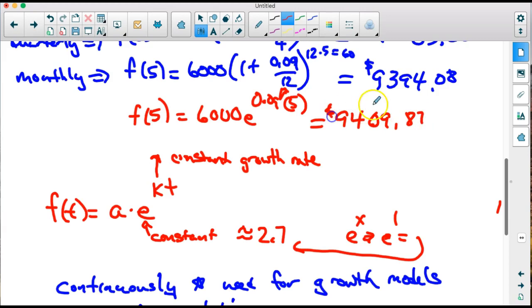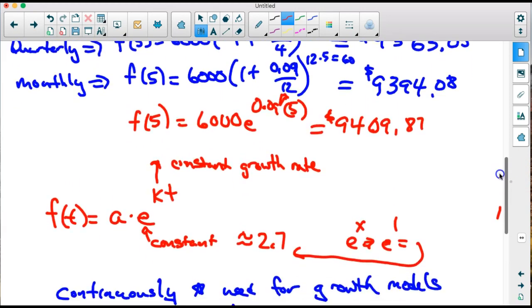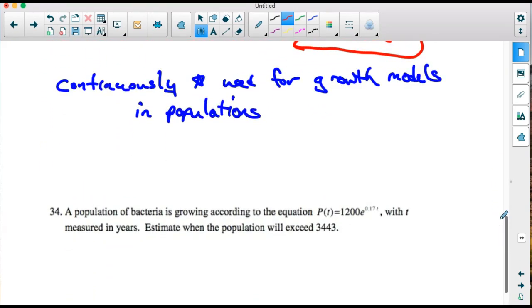So each time the model increases our compounding, we get a little bit more money. All right, so we're going to do this last problem that has to do with the constant growth model.